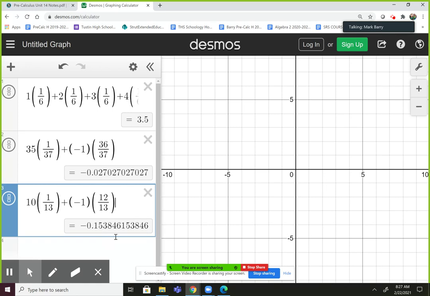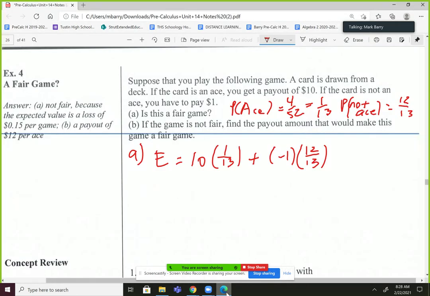I'm getting negative 0.154, let's call it. So that's about negative 0.154. So definitely not a fair game, and in fact, it's even worse than the roulette game we saw earlier, correct?